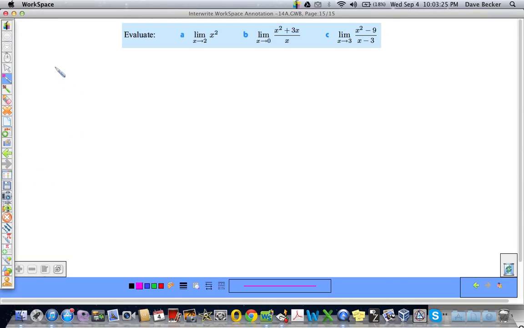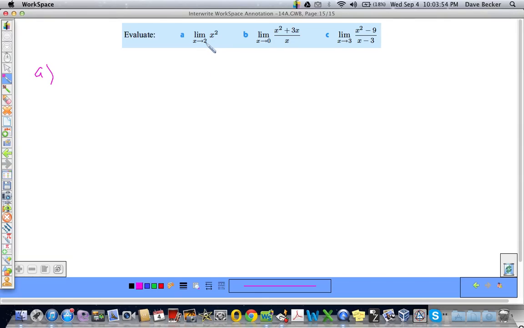Time for a couple of examples, and you're going to think, wow, you could have just gone right here because this is going to be very simple. But you have to understand the underlying concepts of limits, or the rest of your journey is going to be very difficult. So A, the limit of x squared as x approaches 2.